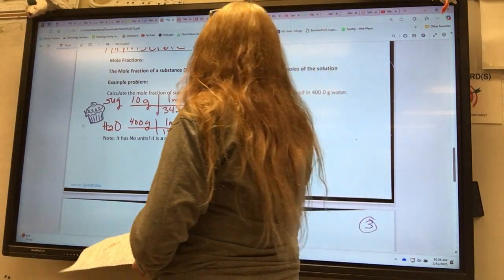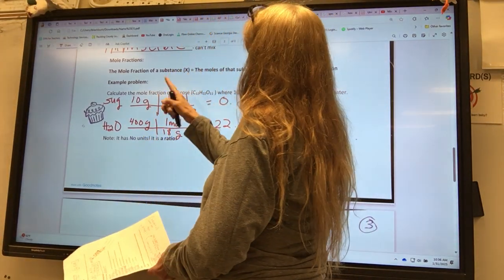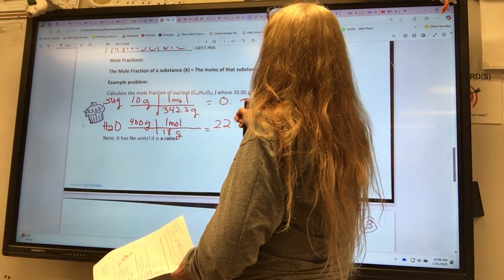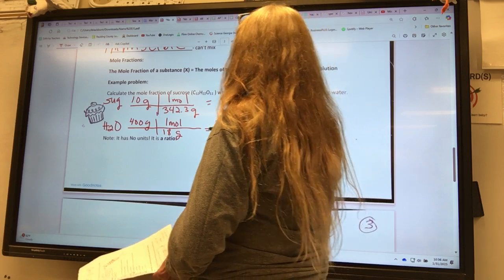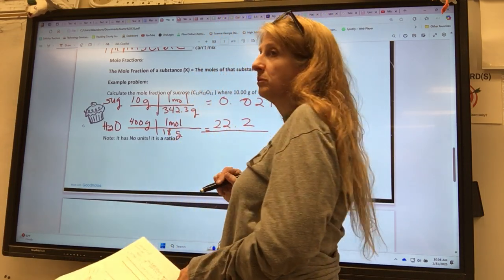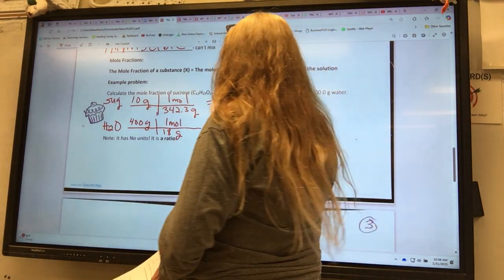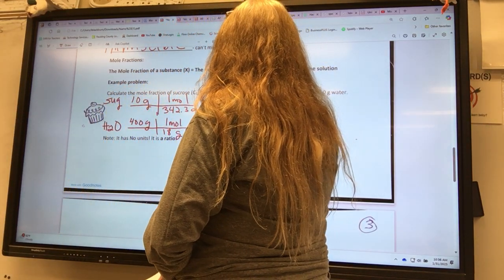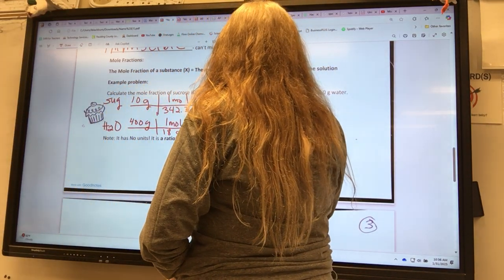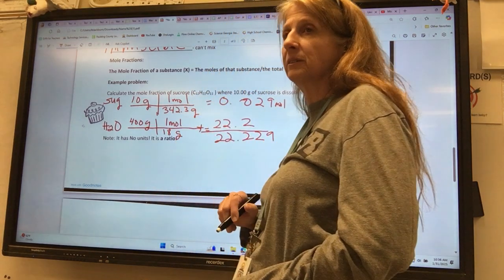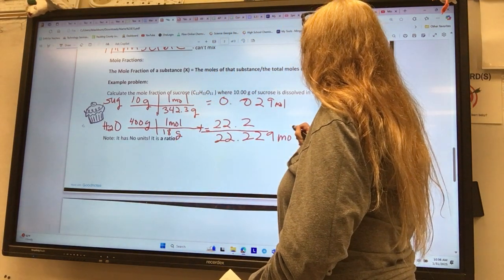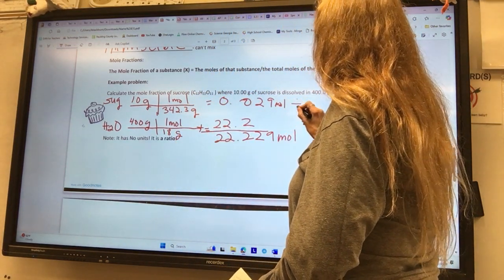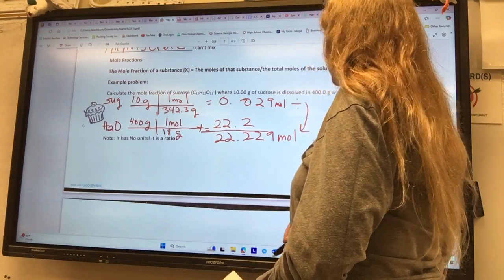Okay, so then you need the total, because mole fraction is the moles of that substance divided by the total. So how are we going to get the total? We've got to add them up. It looks like it's going to be 22.229. Now we're going to take this and divide it by that.